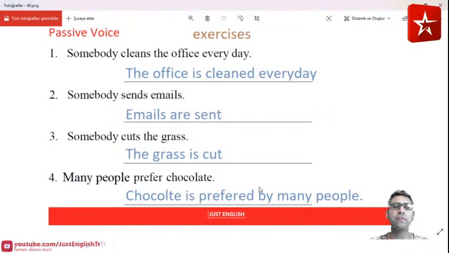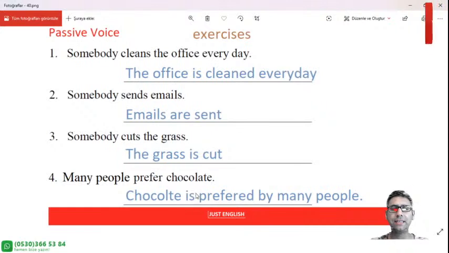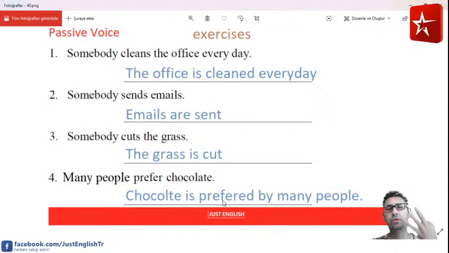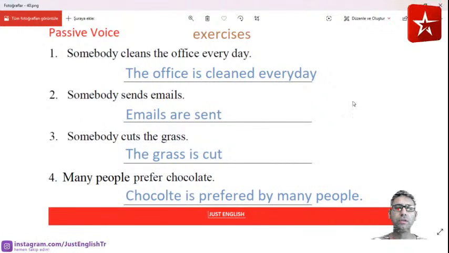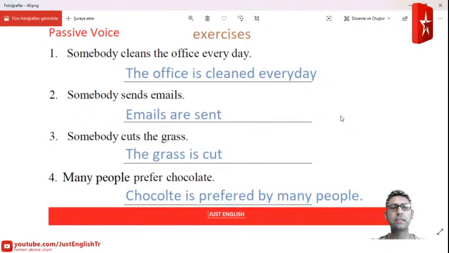That would be okay if I didn't even add by many people. Okay, the chocolate is preferred. Here again is present simple, and preferred is verb 3, meaning past participle. So chocolate is preferred, verb 3. All right, let's move on.